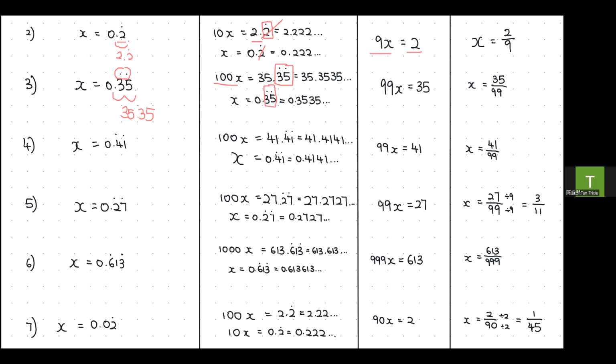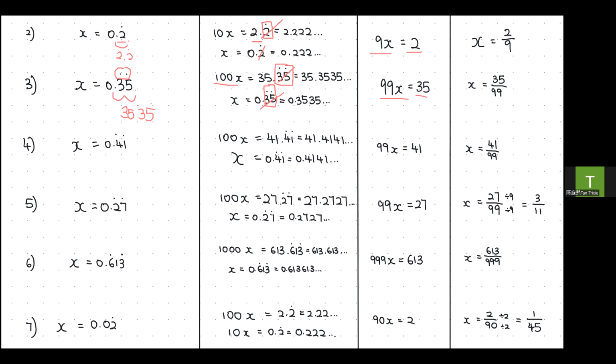So you cross out the same recurring decimal, and you get 35. 100x minus x equals 99x, and then equals 35. So x equals 35 out of 99.